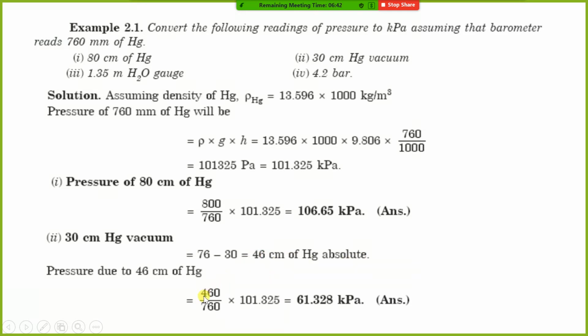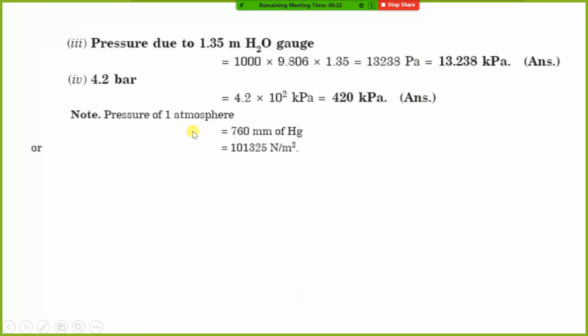Now in terms of mm, it is 460 mm of Hg. 460 divided by 760 into 101.325, you will get it in kilopascal.